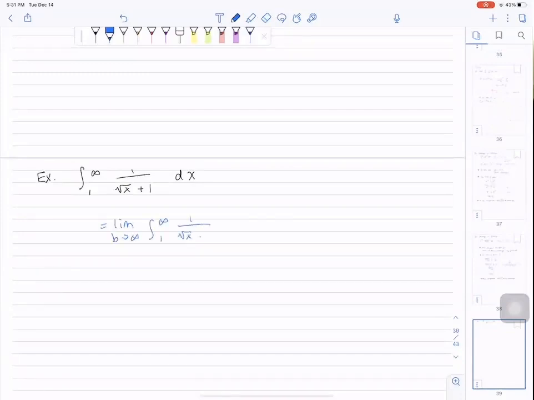But then how do you even take this integral? Use substitution, you end up with an x in your derivative. You don't have any x's left over. How do you do integration by parts? We don't even know how to take this integral in the first place. So it doesn't work. Let's try the comparison test.